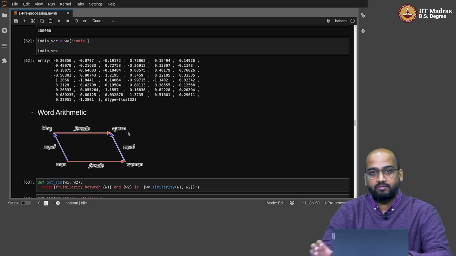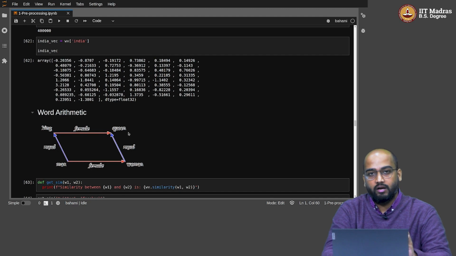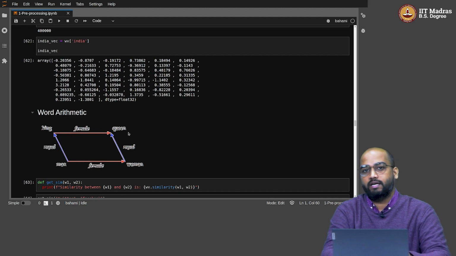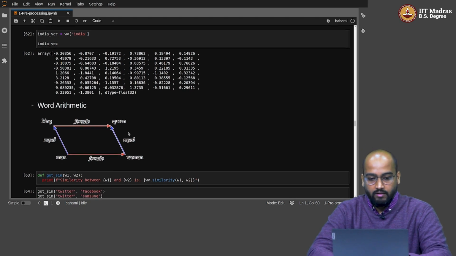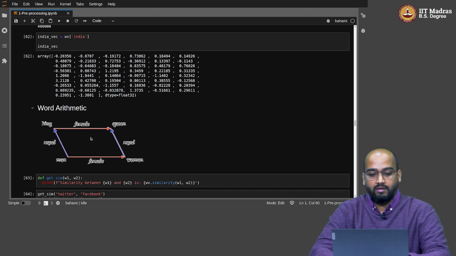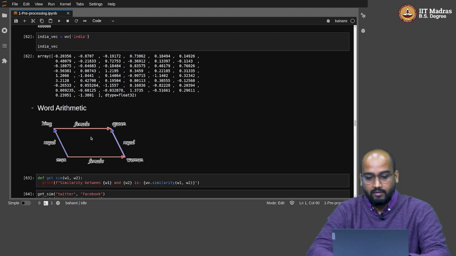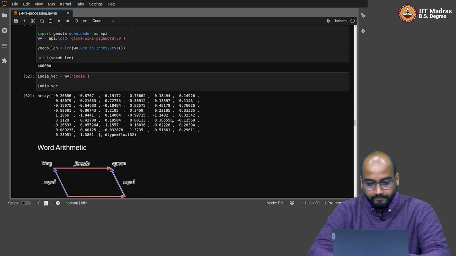Intuitively, you could say that from the entity called king, you removed the entity called man, and you have added an entity called woman. So that essentially makes it a queen, right? And if you do these arithmetic functions using word vectors, surprisingly, they work well. Which was probably not the case if you were looking at bag of word representations, right?